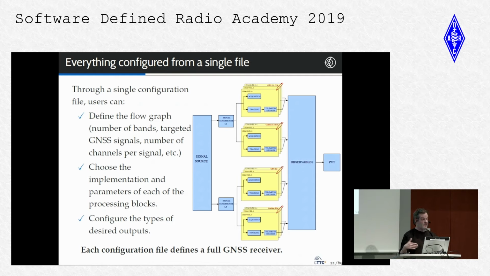We can have a signal conditioner for one band, and then several blocks, for instance, for GPS L1, other blocks for Galileo E1, and then here the same thing for another frequency. For instance, here I put GPS L5 and here Galileo E5a. So this would be the flow graph of a multi-system and multi-frequency receiver.